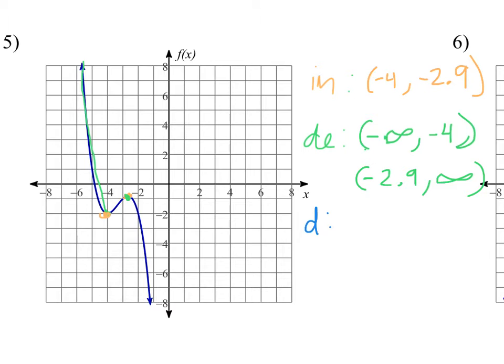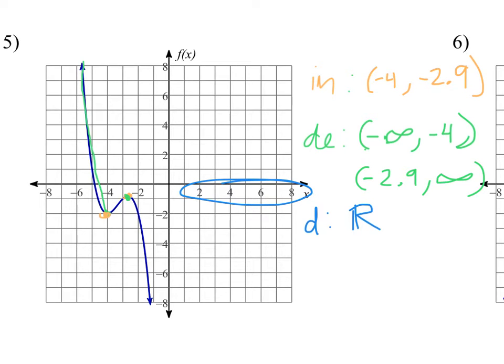Now our domain is going to be all real numbers. Wait, I have a question. Why isn't it to -infinity? That's a good question, but remember we're looking at these x values here for increasing and decreasing. So although it goes down, it keeps going in that right direction forever.